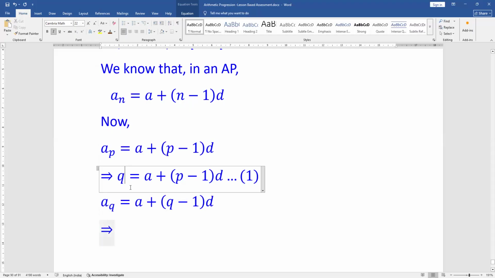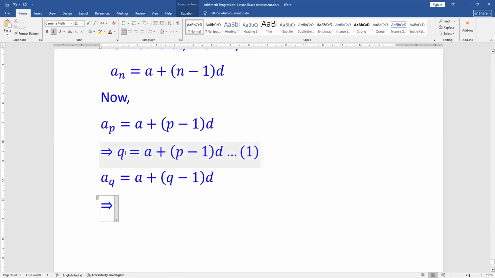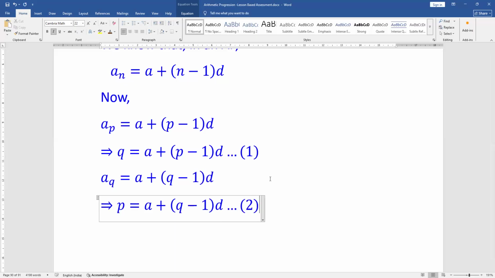AP is nothing but q here. q equals a plus p minus 1 into d. And AQ is p. So p equals a plus q minus 1 into d. Okay. So this one, you can call it equation 2.